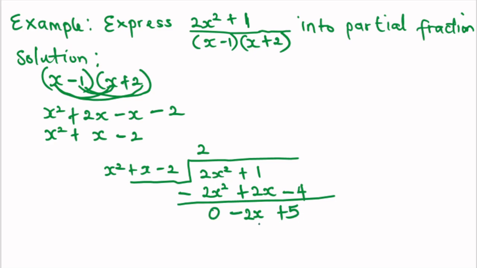So I have to rearrange this question so that the subtraction will go inside. So our remainder becomes 5 minus 2x. So expressing this, we can see our quotient is 2 and our remainder is 5 minus 2x. So we have to restructure the question to fit into this description.